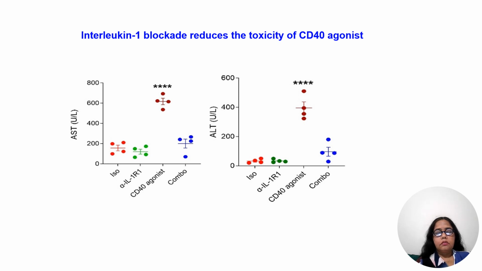This is serum AST and serum ALT, and we found that when we block the interleukin 1 pathway with CD40 agonist, meaning the anti-interleukin 1 receptor and CD40 agonist combination, the AST and also the ALT levels were reduced in serum.